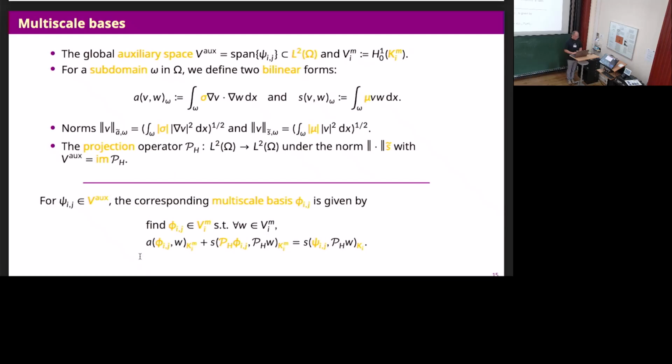And this basis phi satisfies this variational problem. This A is restricted to the oversample region, and this L2 inner product is also restricted to the oversample region. And you see that the projection operator is used over here. On the right hand side, this is the given eigenfunction, which is defined only on Ki. And this is the definition of the multiscale basis.